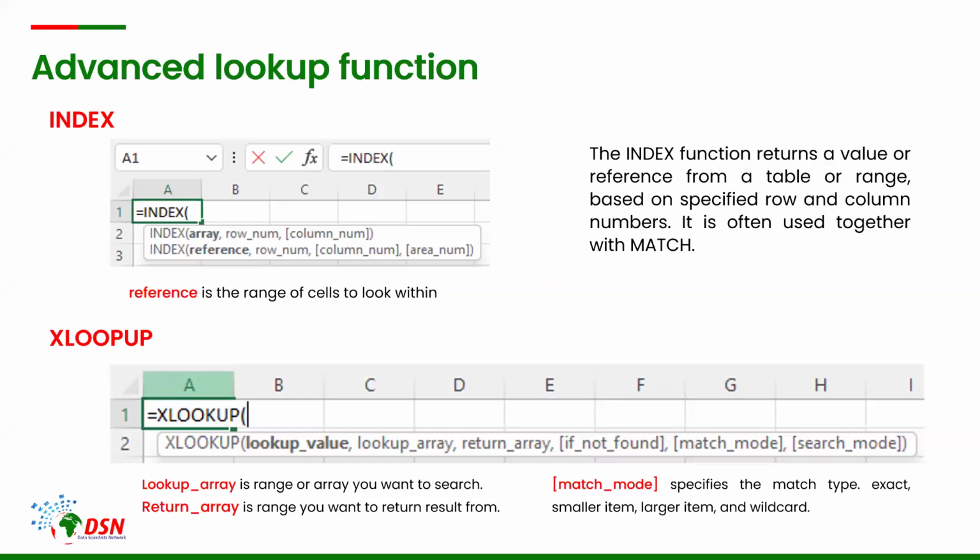It's not always that we know the row number, but a match function can help us to return it. The column number and area number are optional arguments, and they are not needed for the function to work. So the XLOOKUP, which I said does all the work altogether.